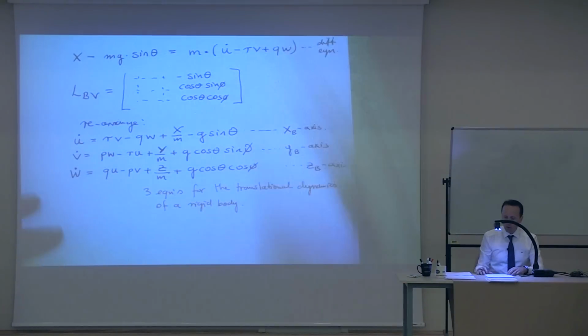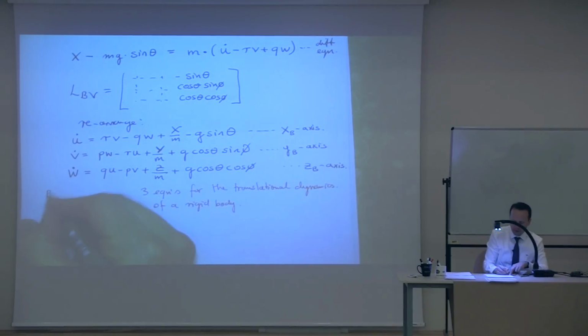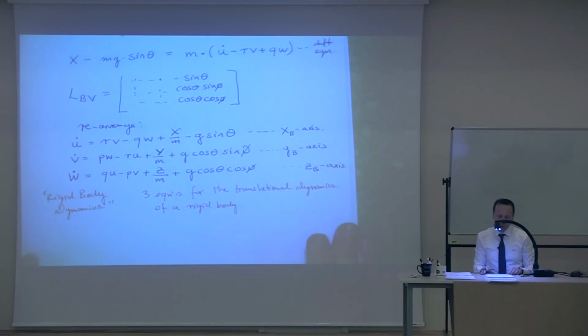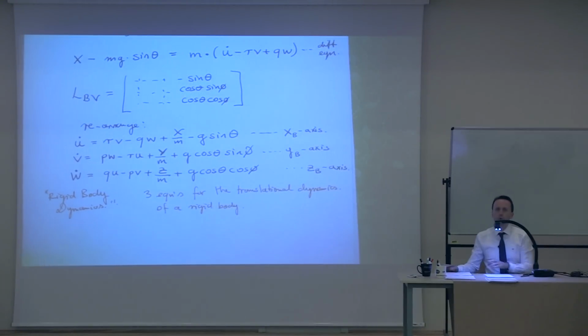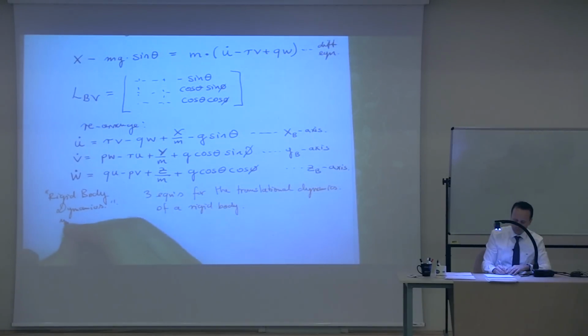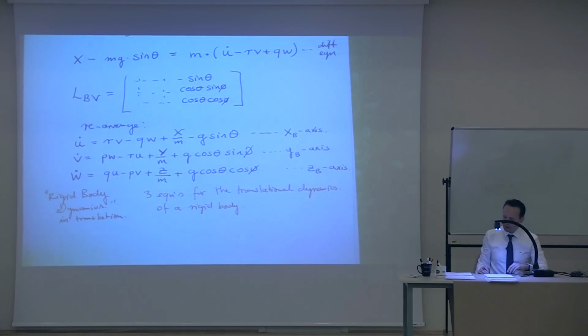Very often this is called rigid body dynamics. So we have just the CG and the movement of the aircraft, in translation, of course. We haven't really looked at rotation yet.